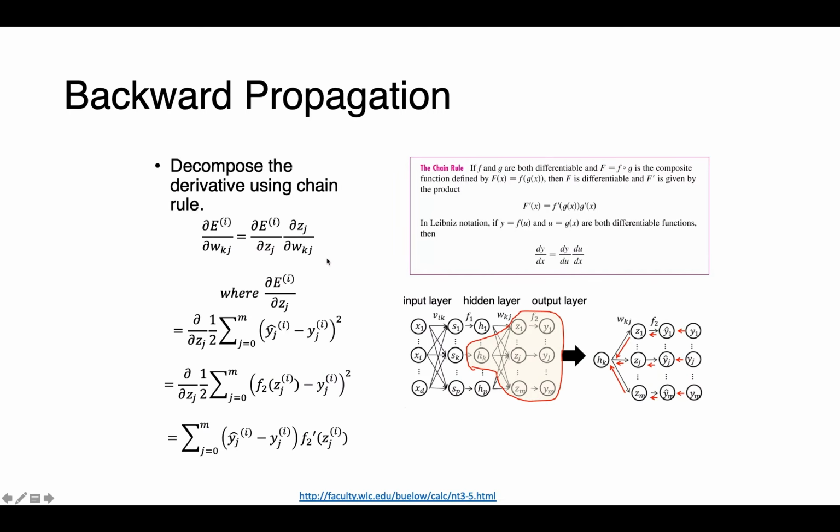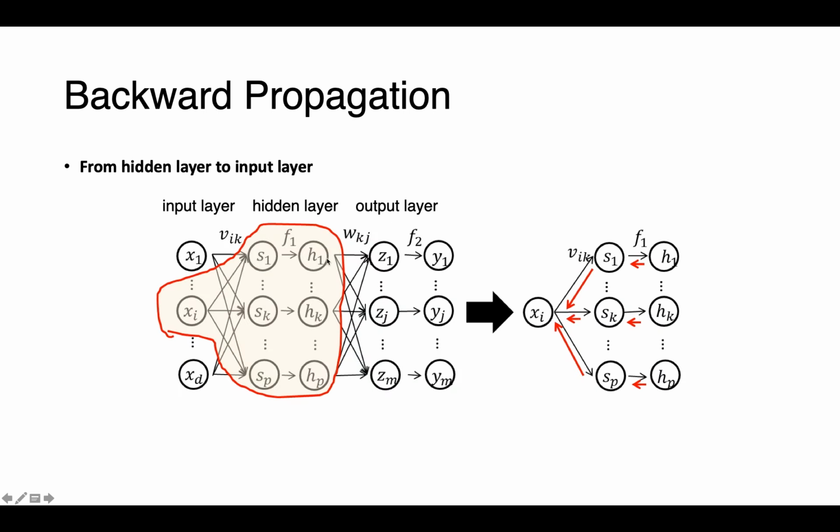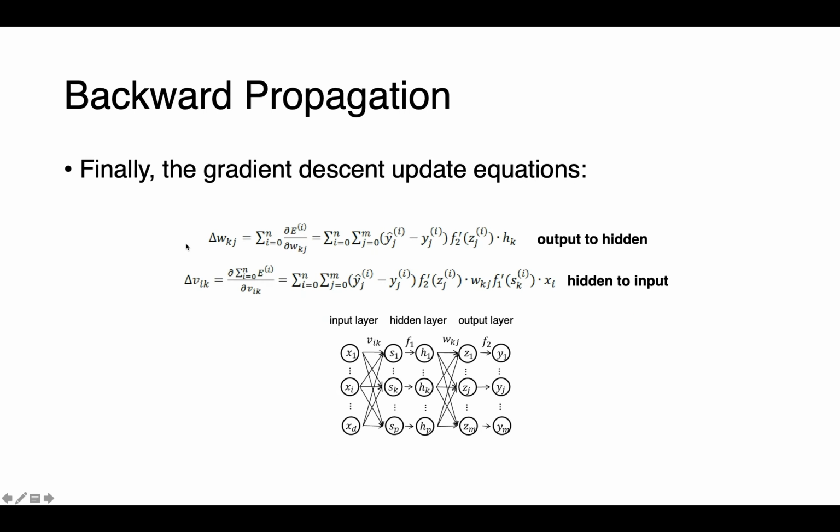You can see the delta term here contains the error and the derivative of activation function and some other things like the latent feature or the input or the weight of the other layer.